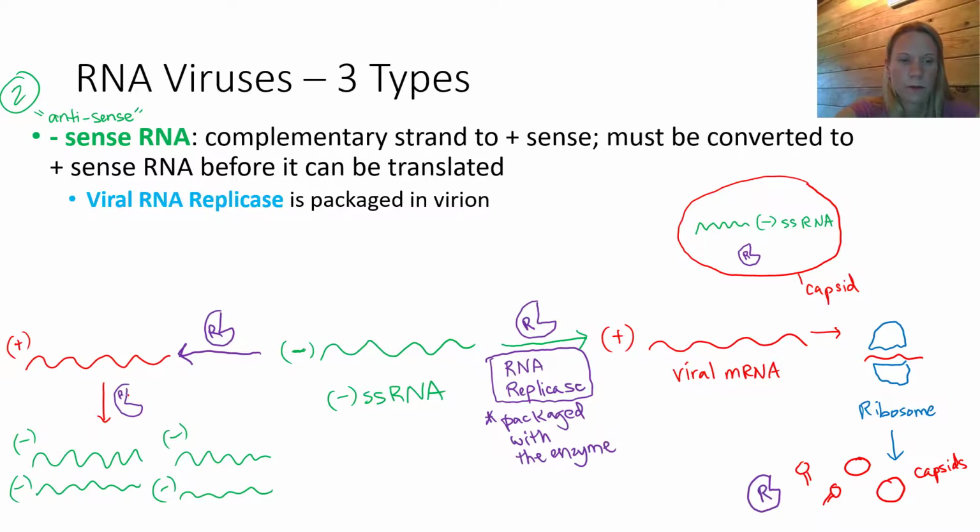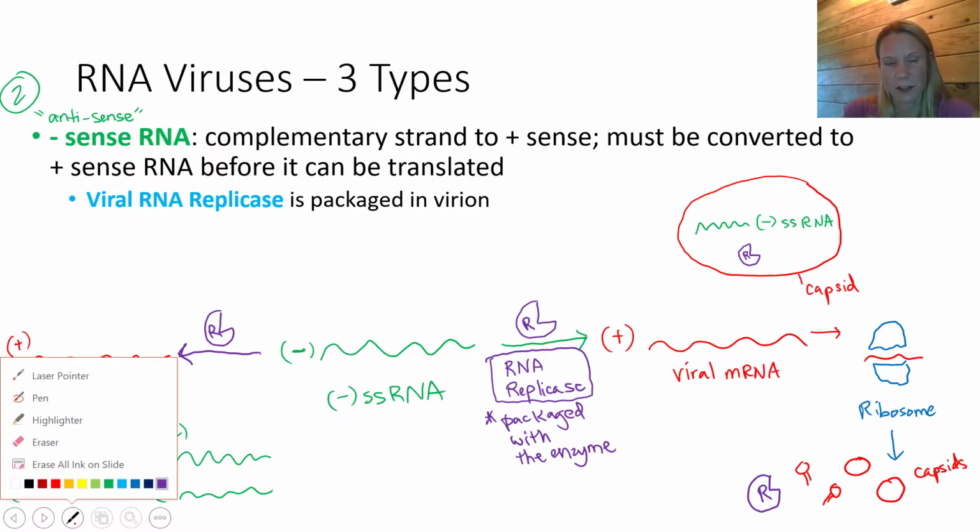It's doing this as well. So it copies antisense to sense and then sense to antisense to make a whole bunch of antisense genome and package that into the capsid.